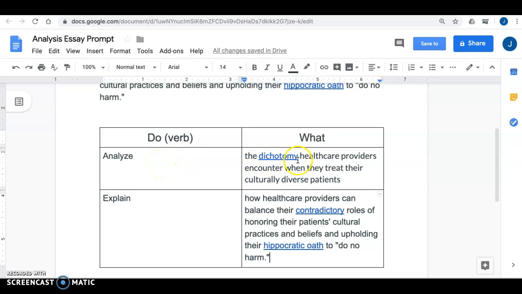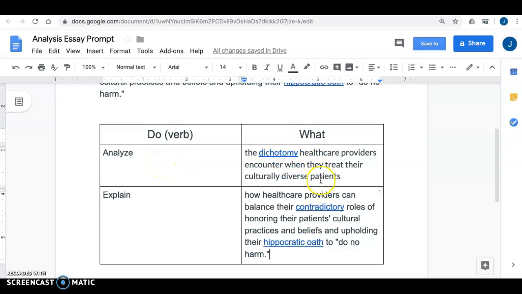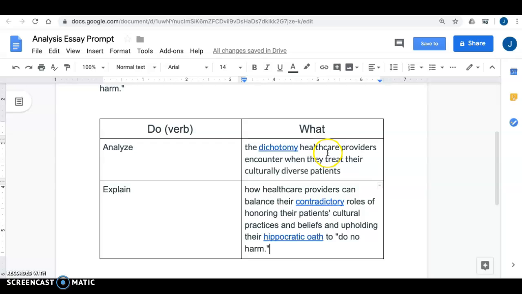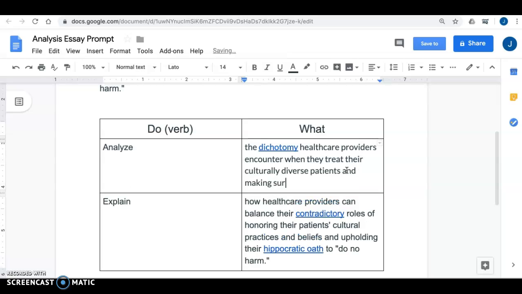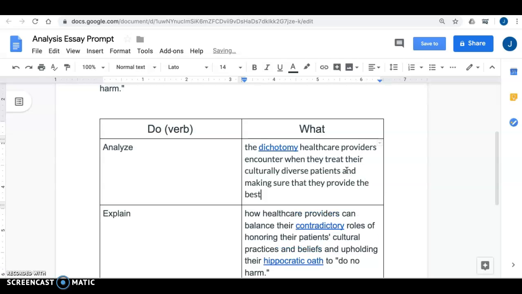And again, the conflict is healthcare providers treating their culturally diverse patients and making sure that they provide the best medical care.